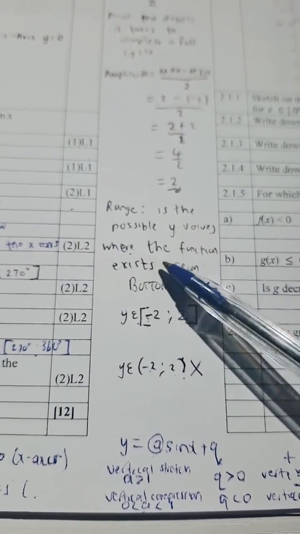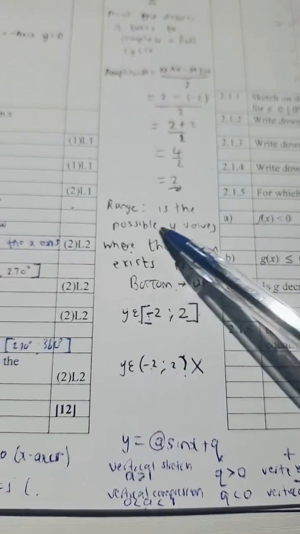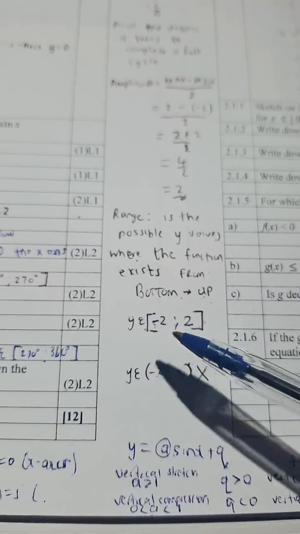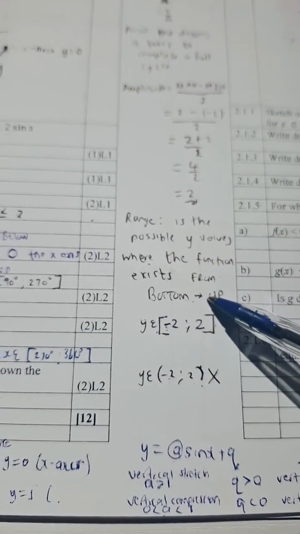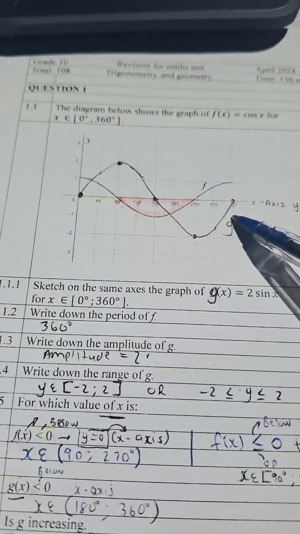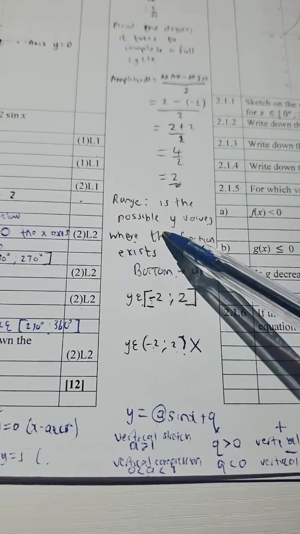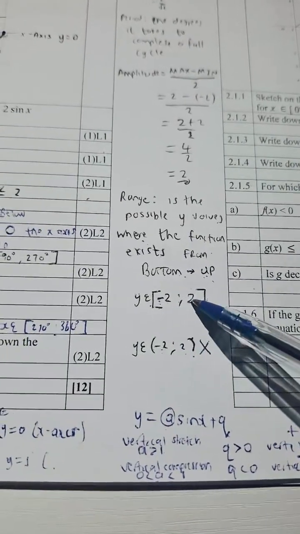Range has to be measured as that region where the function exists, and we look at it from the bottom up. So we established that this function has the range y is an element of negative 2 to 2.